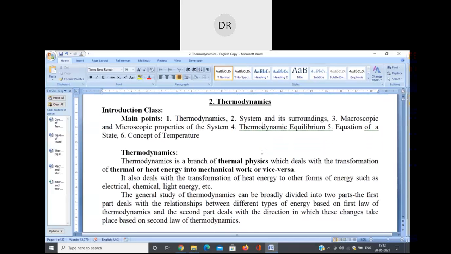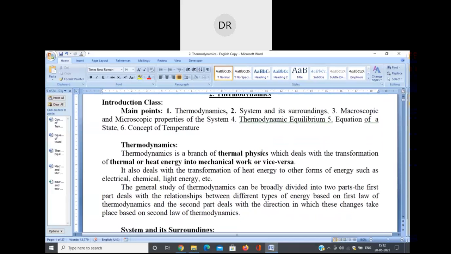So when we come to thermodynamics, in that name, thermo means heat, related to heat. Dynamics means the conversion of heat into useful work. Dynamics means how we convert, how we use heat into work.